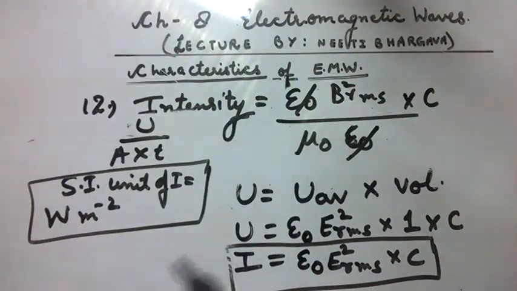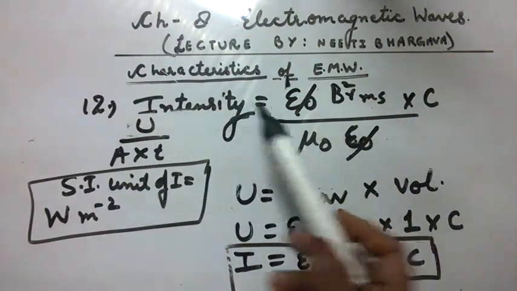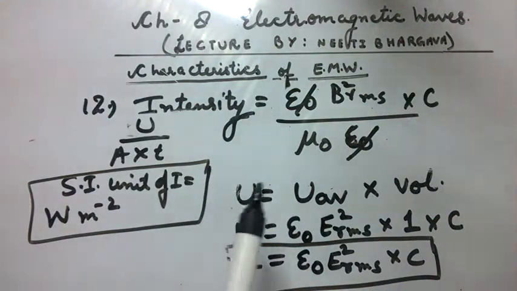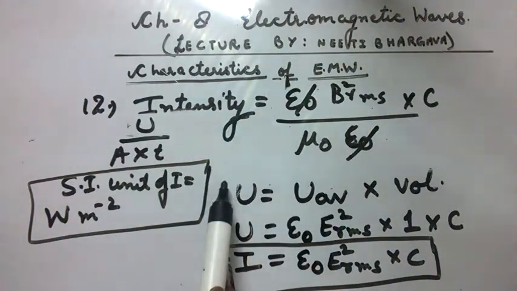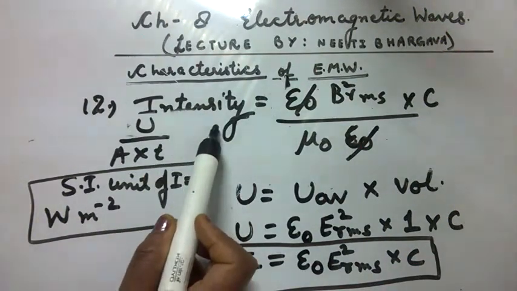Now you can use any of the values of intensity without deriving it, and it's very useful for numerical purposes. Now here we can also find the direction of propagation of electromagnetic wave in terms of Poynting vector.